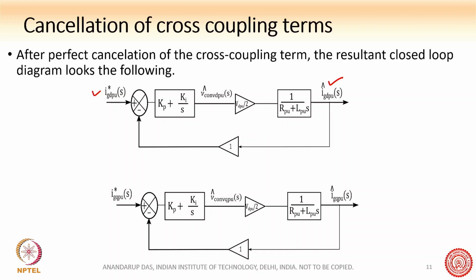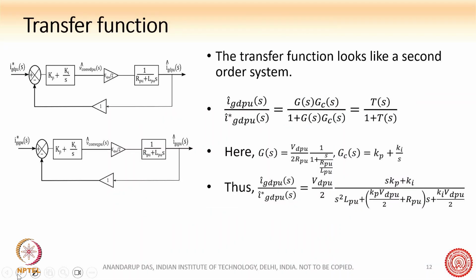Here you can see IGD star, IGQ star, and there is no cross coupling term, and there is the PI regulator here, and here is the R plus LS. This was the plant coming from the filter. We have seen this previously, but now we are just using the per unit values.